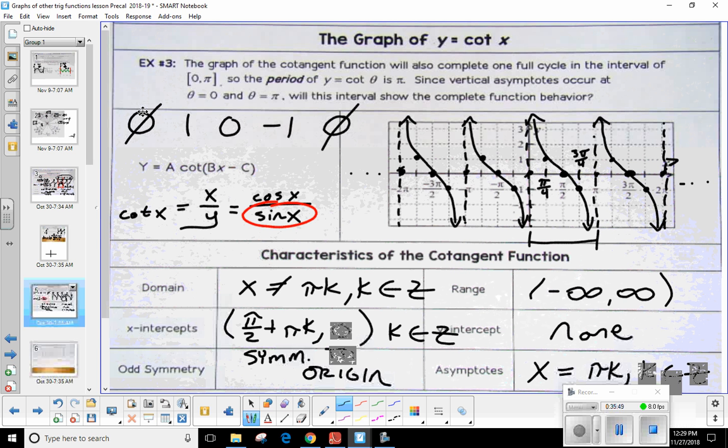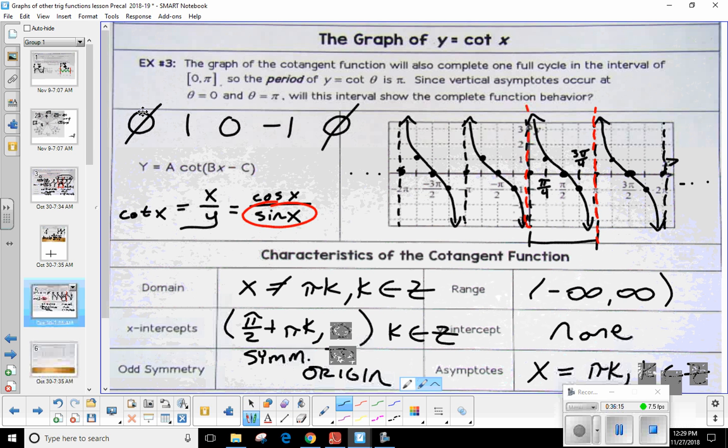But we're going to start out with the exact same process to graph cotangent that we did tangent. There's just one difference. Remember I said for tangent and cotangent, you have to use a pair of consecutive asymptotes. Well, look at cotangent. It doesn't have the same asymptotes that tangent does. So I would use 0 and pi.